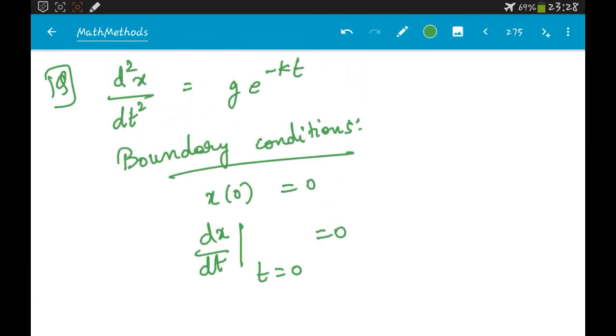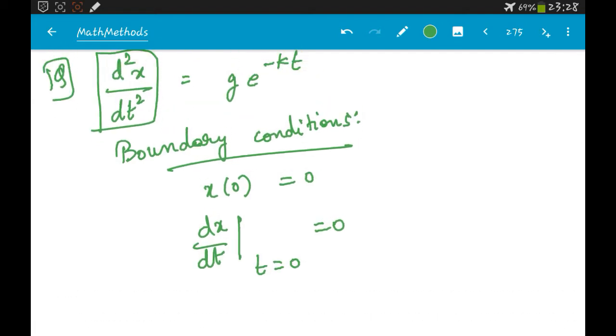Okay, so this equation can also be solved using Laplace transform. So let's try to do that, because then we will also see how we use Laplace transform in order to solve the equations.